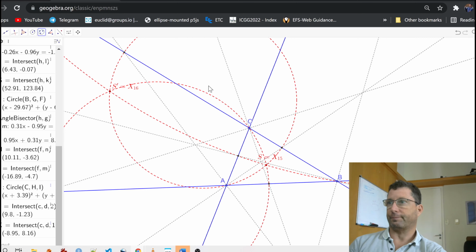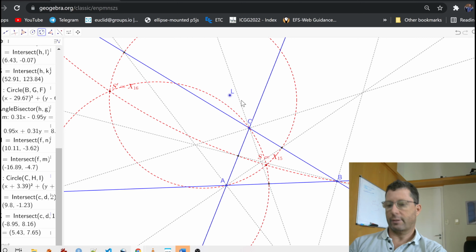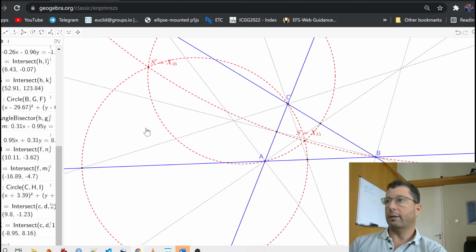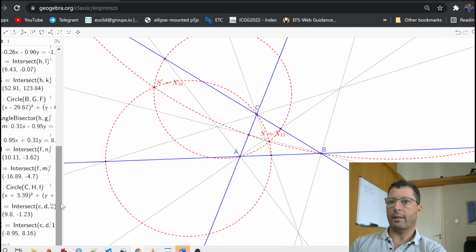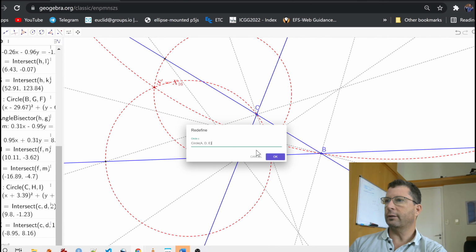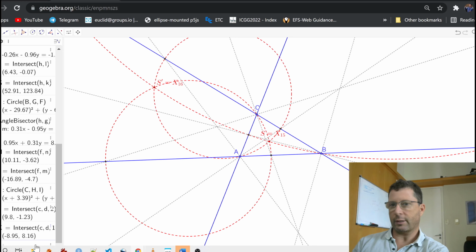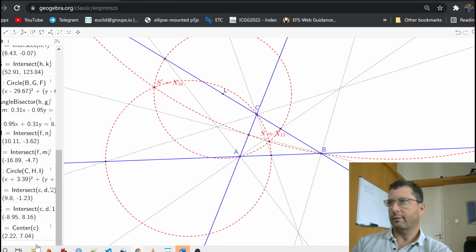First of all, the centers of the three Apollonius circles are going to be collinear. So let's go ahead and draw those circles. The first Apollonius circle is labeled here as lowercase c, so I'm just going to say center C. Here's the center of my first Apollonius circle.